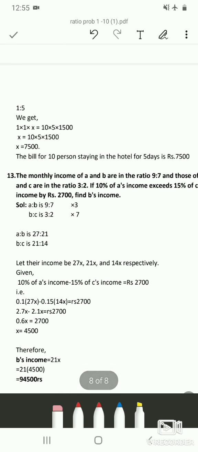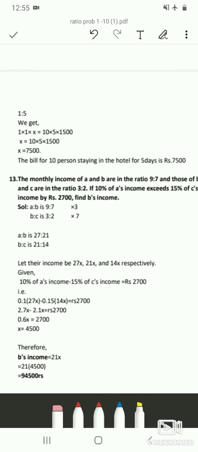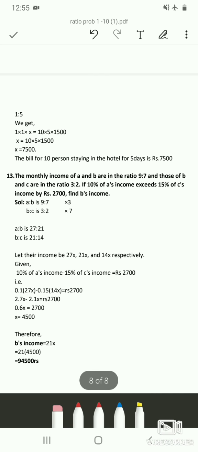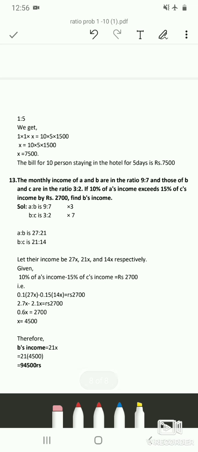So, the next problem is: the monthly incomes of A and B are in the ratio 9:7, and those of B and C are in the ratio 3:2. If 10% of A's income exceeds 15% of C's income by rupees 2700, then find B's income.